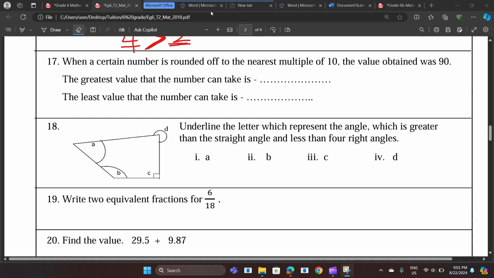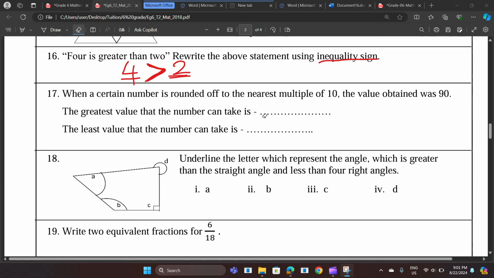The greatest value that the number can take is... We have covered the rounding off part in this paper, so it is easy. If the rounding off value is 90, it can be 90, 89, 87, 86, 85. These numbers can be the original number.